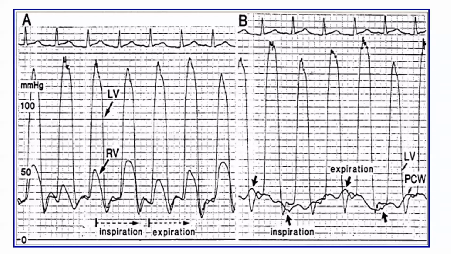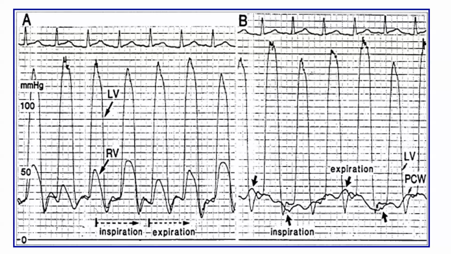Another hemodynamic tracing, for the LV and RV during inspiration and expiration. When you see the inspiration and expiration, or you see the respirometer, this gives you a hint that you should look at the pressure of the LV during inspiration and expiration, and whether there is any interventricular dependence or discordance between the right and left ventricles.